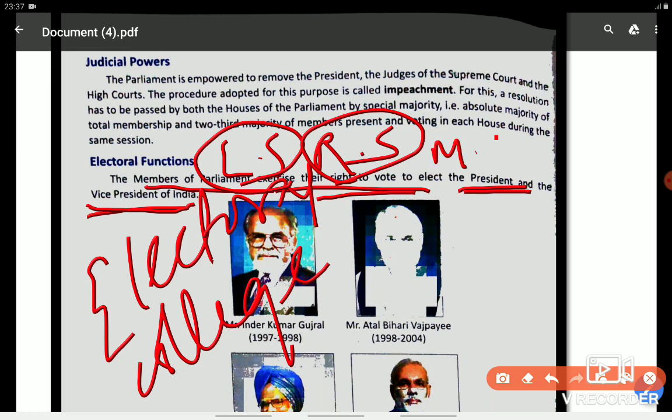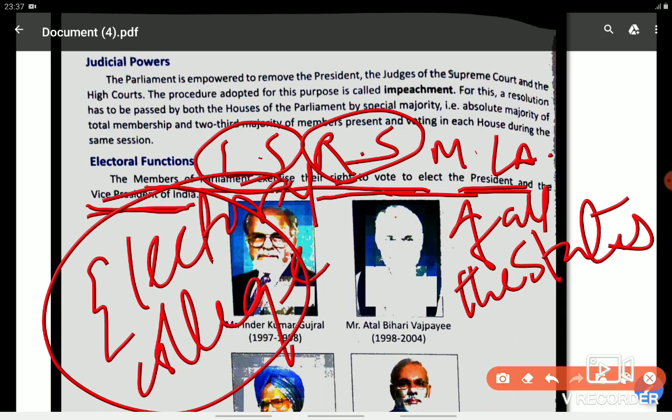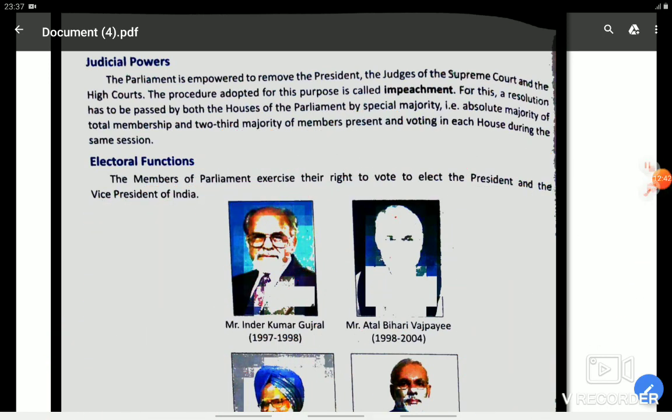Means all the MLAs of all the states are the members of this electoral college, and they participate in the election of the President and Vice President of India. So this is all about the electoral powers.